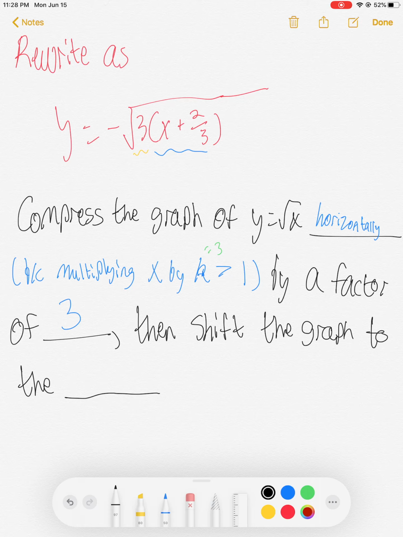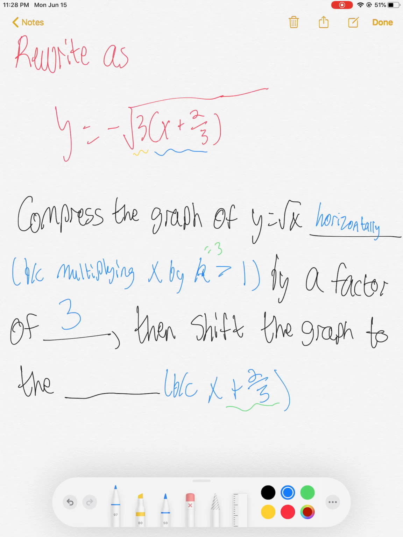Then shift the graph to, and I think, yep, there's a blank here, and it's either left or right. Are we going to shift it to the left or to the right?